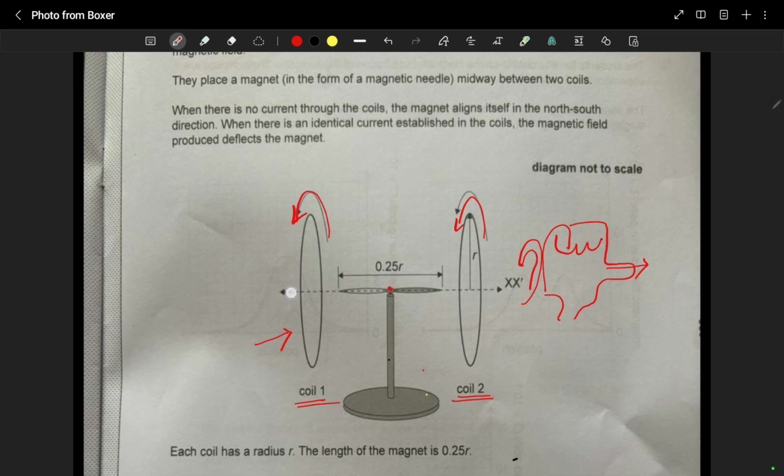So basically along this axis is the direction of the magnetic field generated by the coil. Once we set up a current in it, the coil produces a magnetic field, and that magnetic field's direction is along the axis.